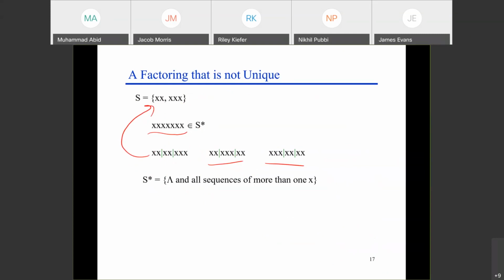So S star is equal to lambda and all sequences of more than 1x. If I ask you, if I apply S star on this one, what will be the language? Can you write the English description of this language? Then you should say yes, S star will have lambda and all sequences of more than one x, because you will have 2x here, you will have 3x here.